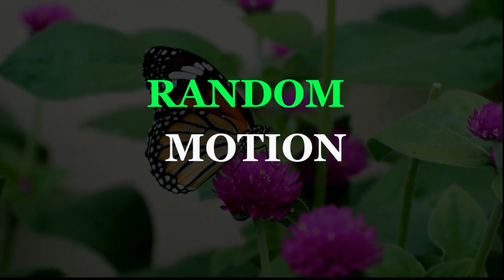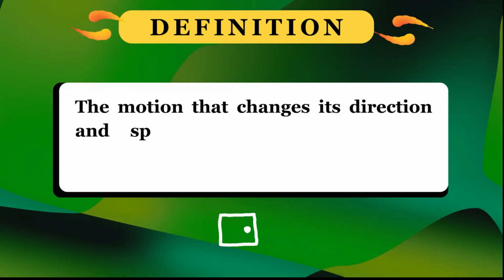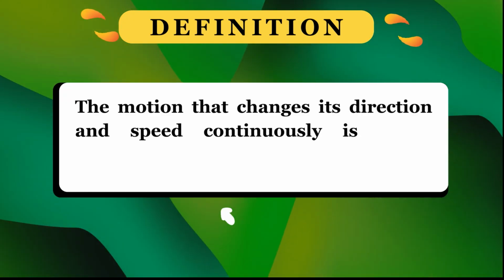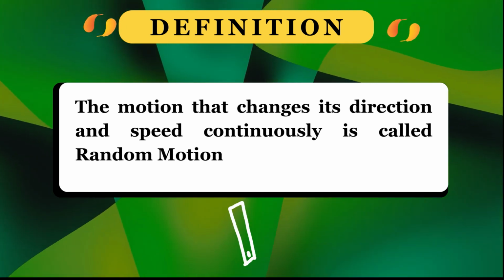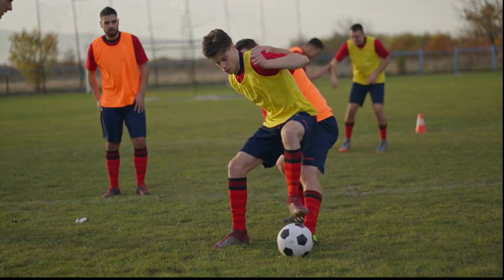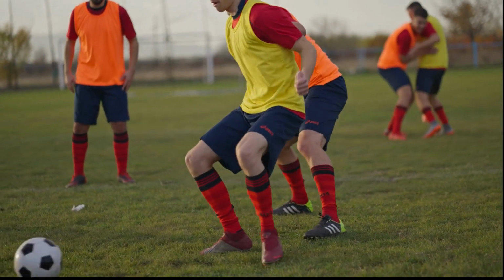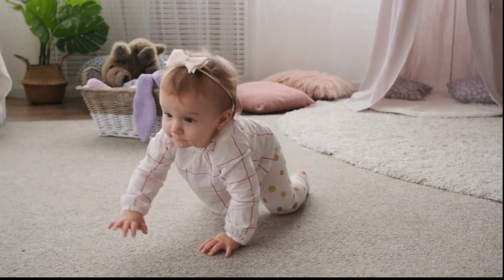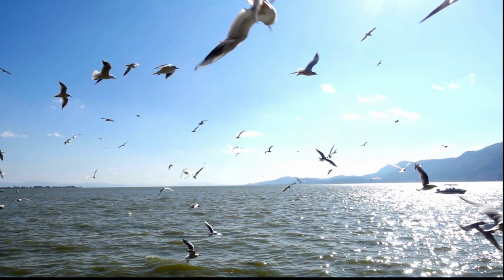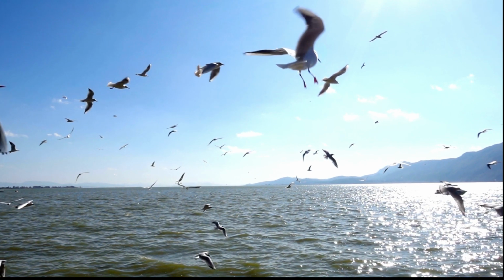So, the definition of random motion is: the motion that changes its direction and speed continuously is called random motion. For example, the motion of the players in a game of football is also of this type. The motion of a crawling baby, the motion of flying birds, these are examples of random motion.